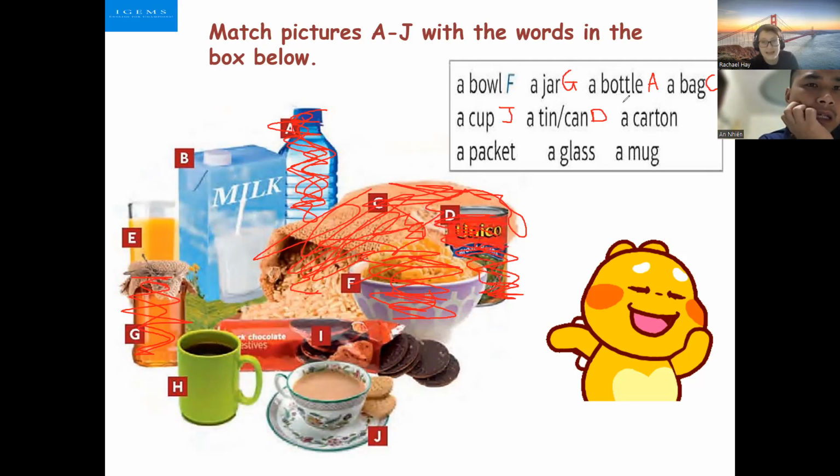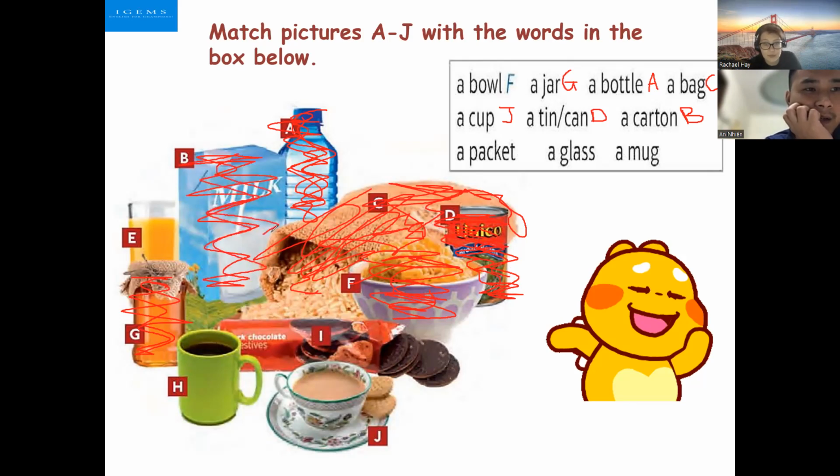Yes, good. See, we usually refer to something like this, or sometimes juice, as a carton, but we call a normal cardboard box a box. Okay. Where is a packet?